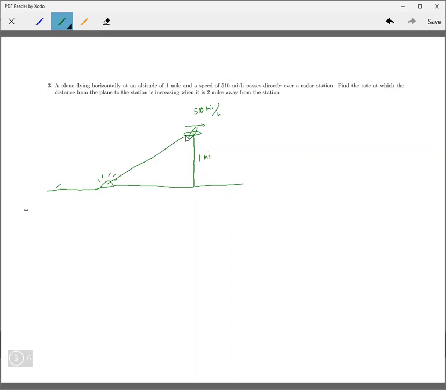Okay, this right here is the distance from the station. It happens to be 2 miles at the instant that we want, but let's leave that out for now. Okay, just don't think about that right now.